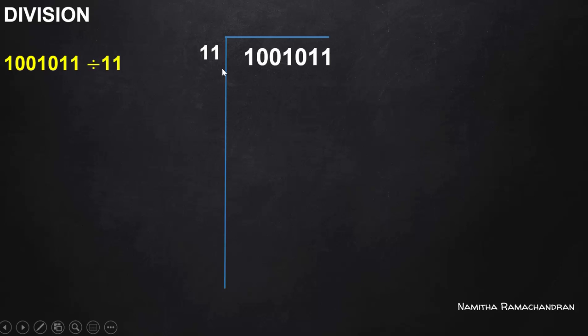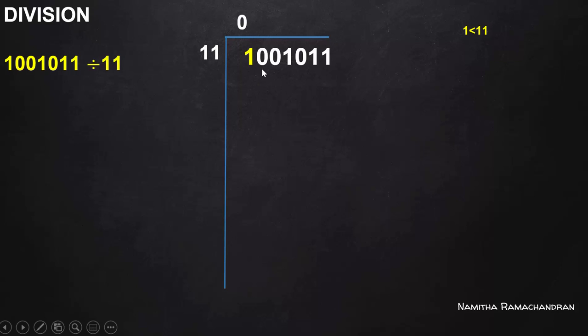Okay, so here first consider the MSB bit of our dividend, which is 1. Here the divisor is 1, 1. This 1 is less than 1, 1, so we can't divide this. So put a 0 here.